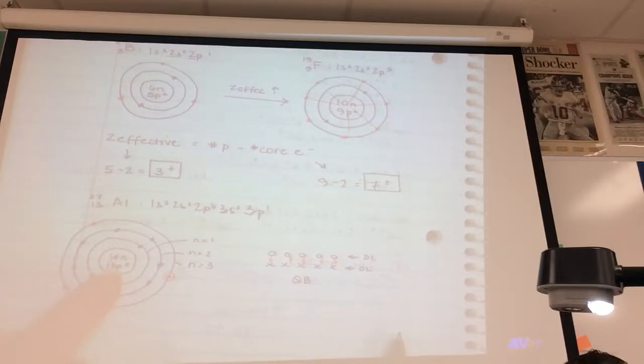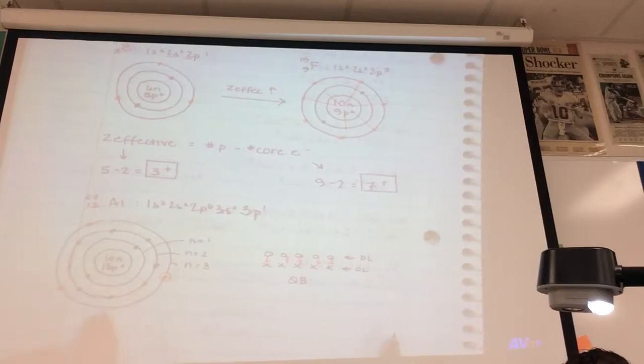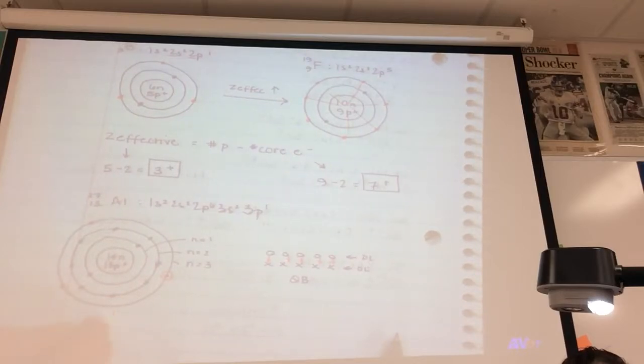It needs to act on 3 fewer electrons. In addition, you're only going to have electrons in the second shell now. So a cation will always be smaller than its corresponding main group representative element. So cations have smaller radii than their corresponding element.